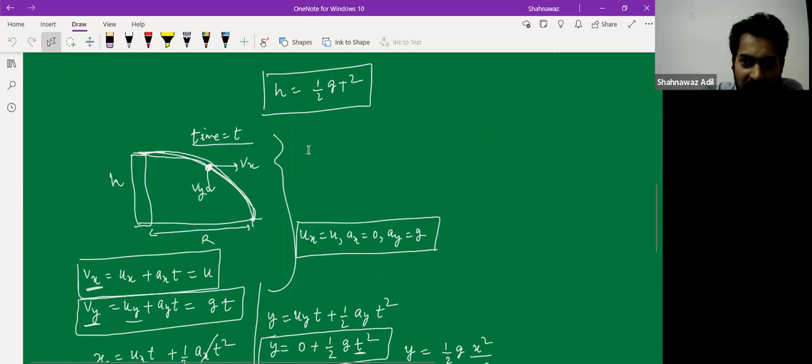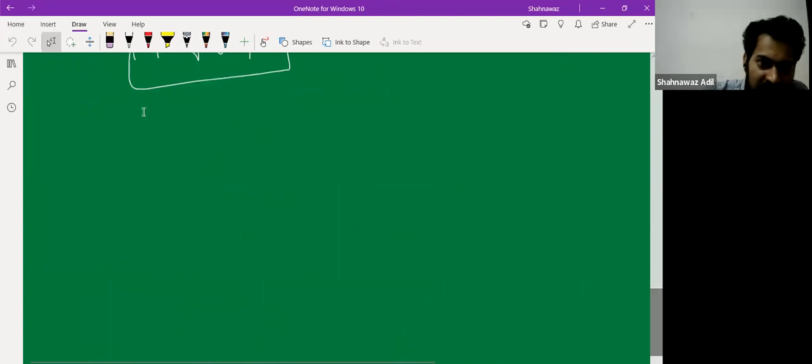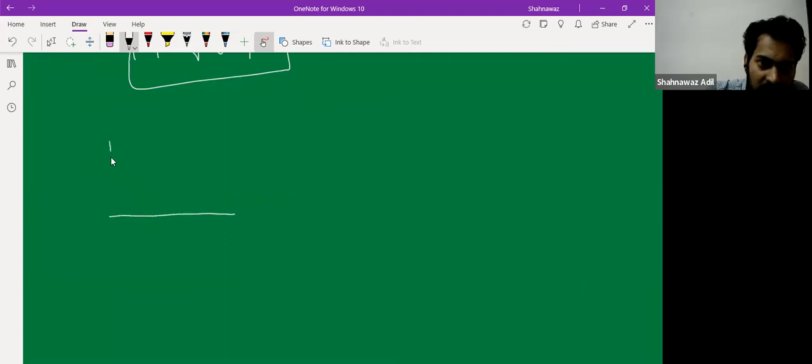Okay. And now we will project it with some angle. So let's say you have a projectile and which is projected like this. So this has some inclination angle, and this is the vector u, the initial velocity vector.